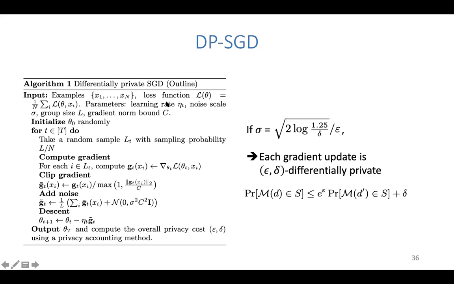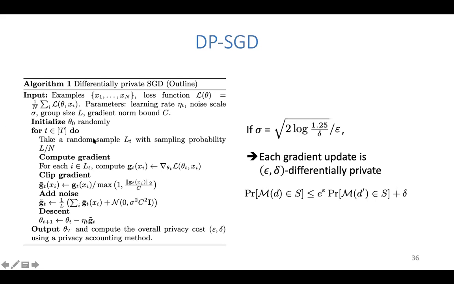And the parameters are learning rate eta, noise scale sigma, group size L, and gradient norm bound C. The gradient norm bound C is used for clipping the gradients, and group size L, you can think of it as a batch size, but it is not exactly batch size. It is a unit of group that is required for DP-SGD, but we won't get into detail. It's just a sufficiently large group size L.